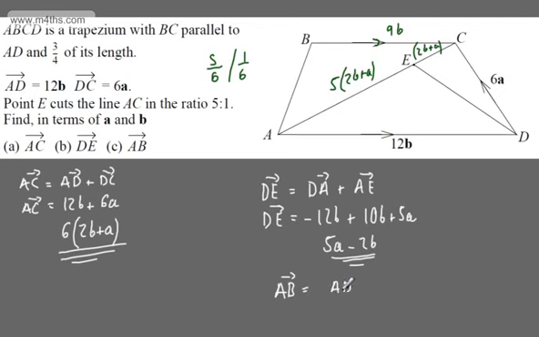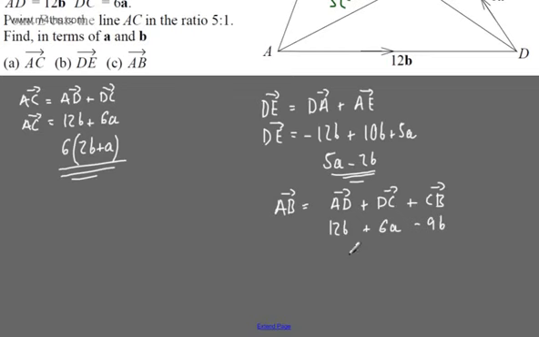So what we'll have is AD plus DC plus CB. AD is going to give me 12b, plus DC, which is going to give me 6a, plus CB, which is going to give me minus 9b. So we can see from here that we're going to end up with 3b plus 6a, or if we like, 3 times the quantity b plus 2a.